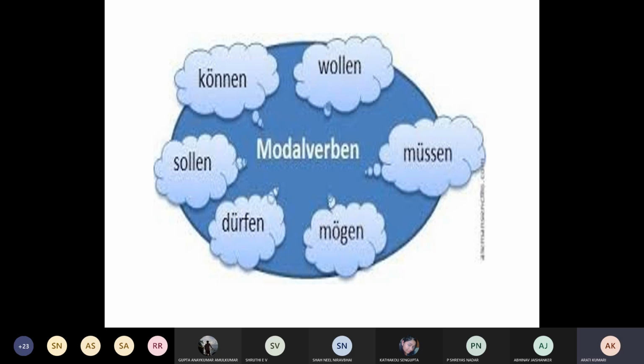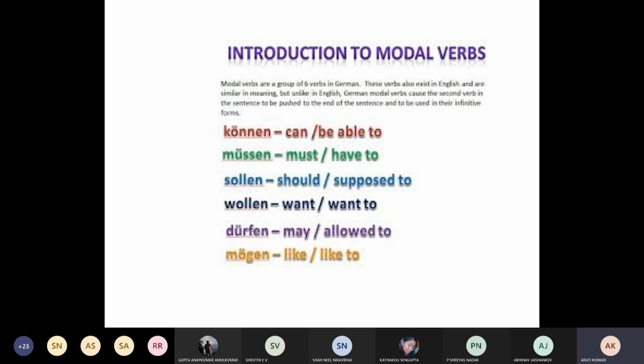Let's go to the next one. Now, here you can see the English equivalent of all these modal verbs. And there is one more which is not mentioned here. Write it in the chat box. It's called möchten.